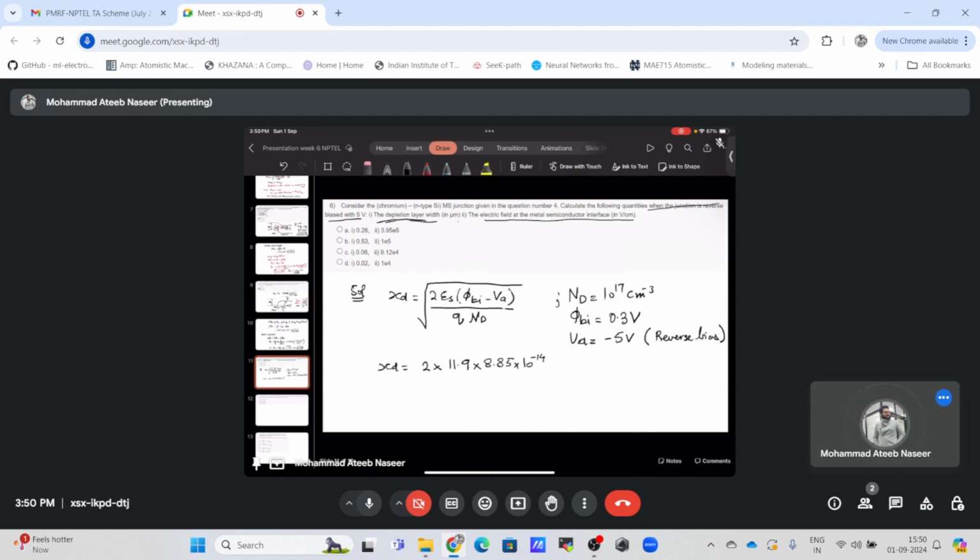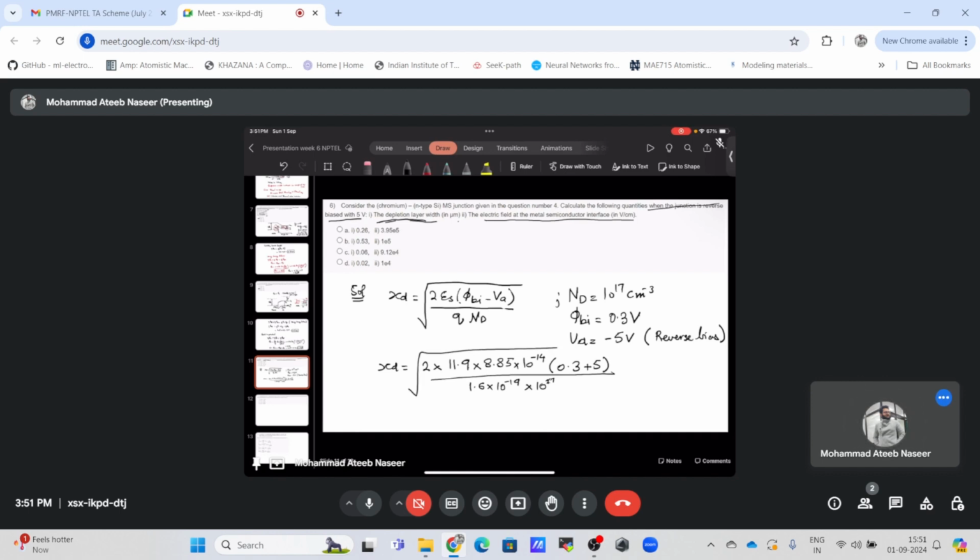What I was saying previously was that for silicon, epsilon s is 11.7 times epsilon naught, and for silicon dioxide it is 3.9 times epsilon naught, where epsilon naught is 8.85 into 10 to the power of minus 14. The built-in potential phi bi is 0.3 and the reverse bias is minus 5, so minus and minus will be plus 5, divided by q and ND. q is 1.6 into 10 to the power of minus 19, and ND is 10 to the power of 17.